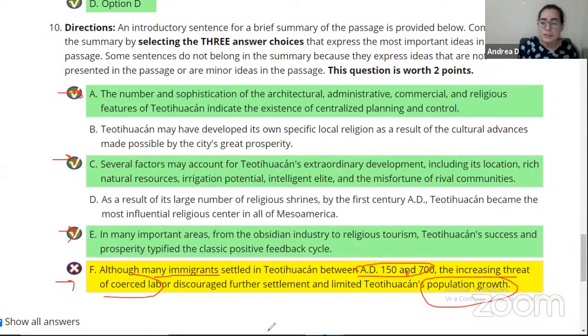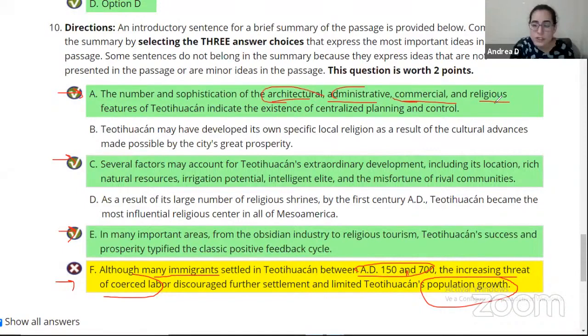If we look at A, C, and E though, look at A: the number and sophistication of the architectural, administrative, commercial, and religious features of Teotihuacan. A is not only focusing on the architecture, the administration, the commerce, or religion.